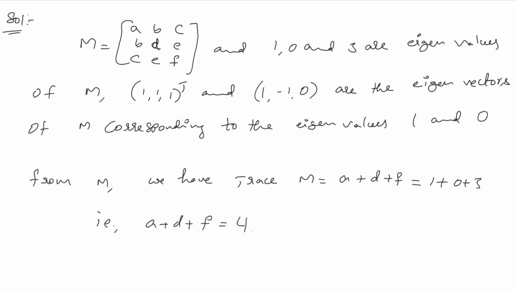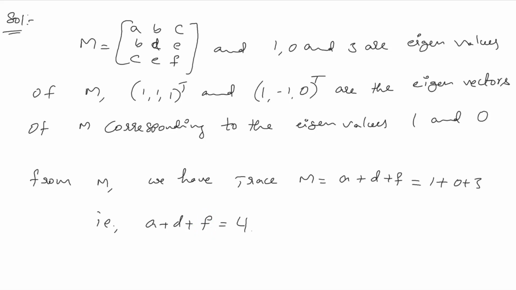Similarly, as this vector is the eigenvector corresponding to the eigenvalue 1 and the other vector is the eigenvector corresponding to the eigenvalue 0, we derive some more equations, and by solving all such equations we get the value of F. So let's see how.